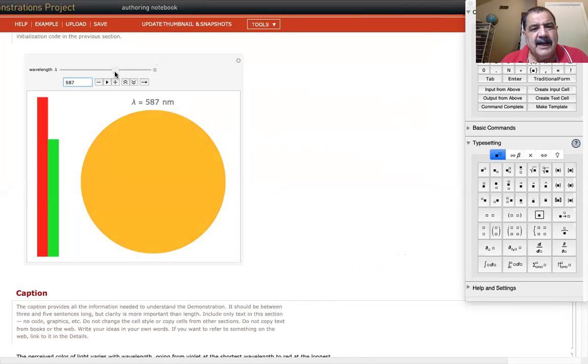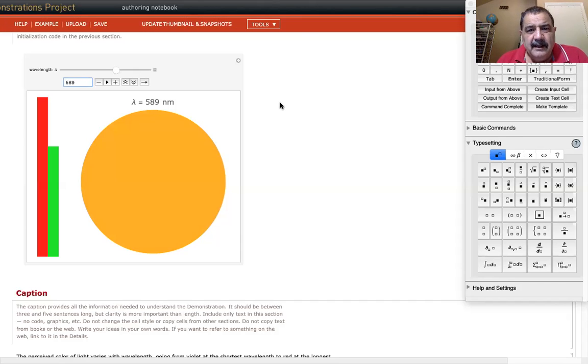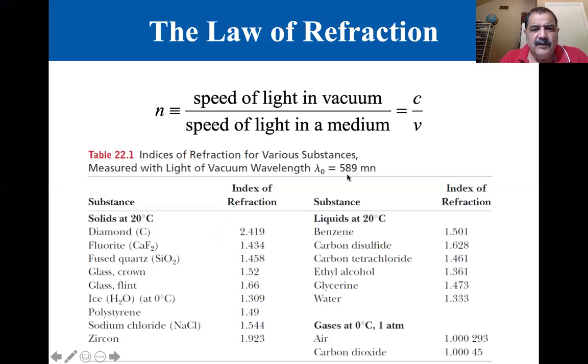I'll just type in 589. It's this orange color. You'll see that later when we talk about dispersion. But anyway, that's what they use in this table: indices of refraction for various substances measured with light of vacuum wavelength lambda 0 equal 589 nanometers.